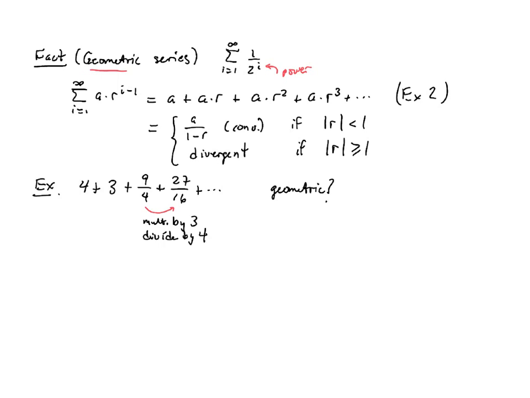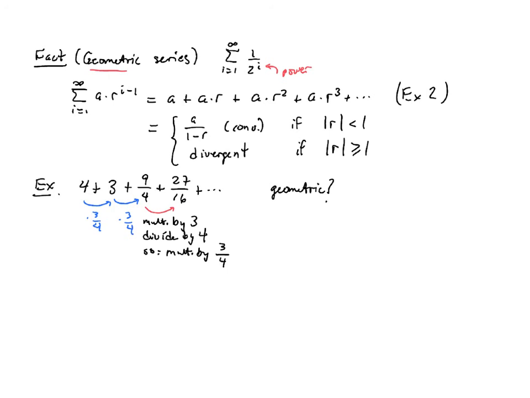And what that amounts to in total is that we are multiplying by the fraction 3/4. And if you check, this is exactly the same pattern that's occurring when you move from 4 to 3. That's obtained by multiplying by 3/4. And when you move from 3 to 9/4, that's the same thing as well, multiplying by 3/4.